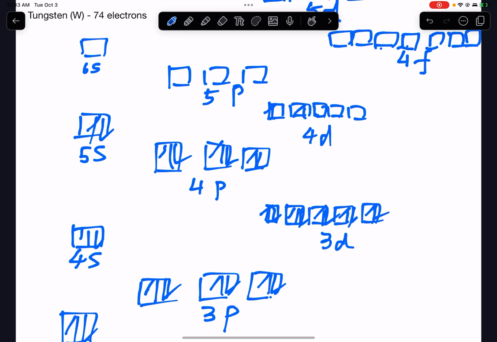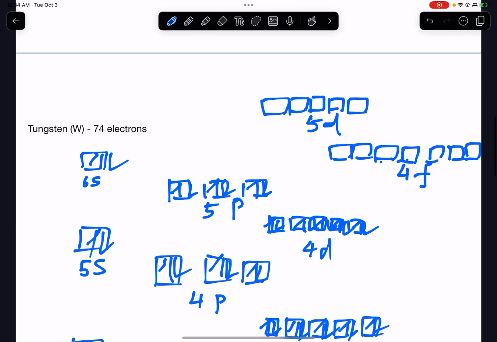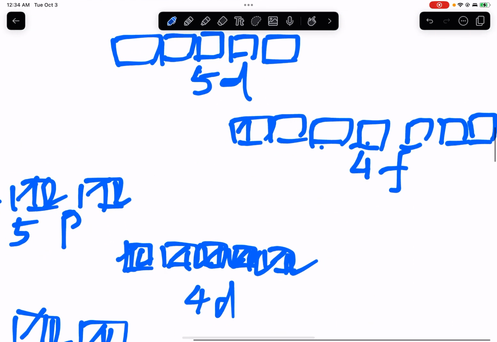And then there's the 5d, 4d, full shells again, and then up to 5p. 4f, it's also full shells as well.